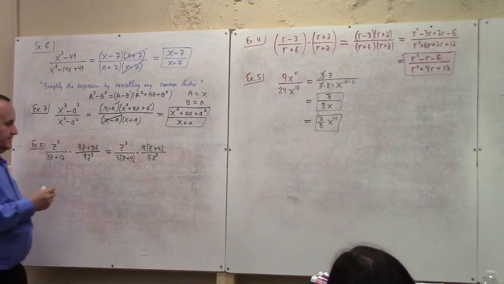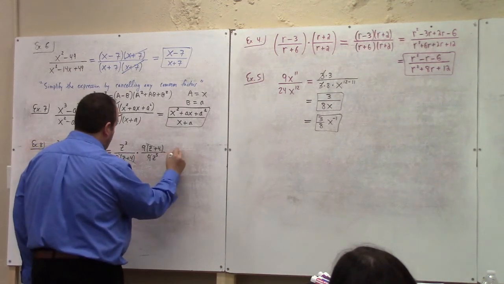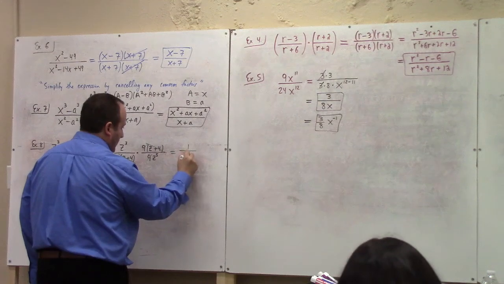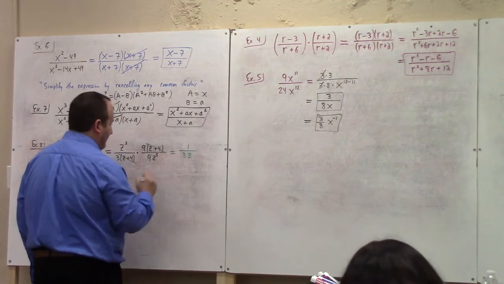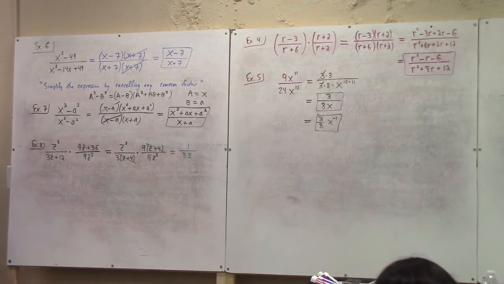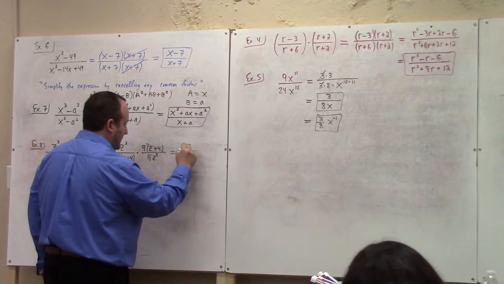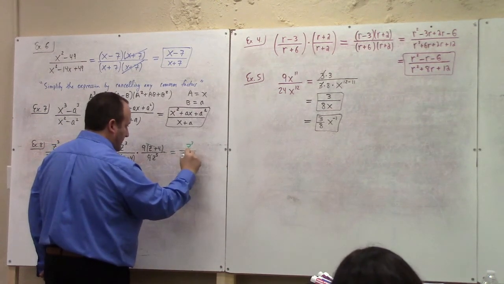But the answer is 1 over 3z what? I can do another step. That's z cubed over z to the 5th, right?